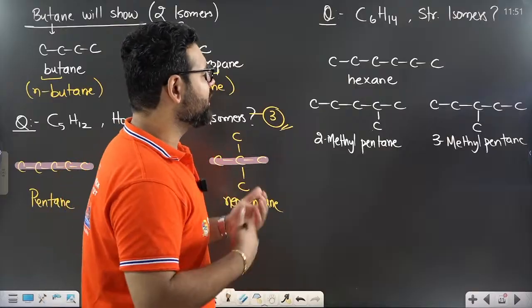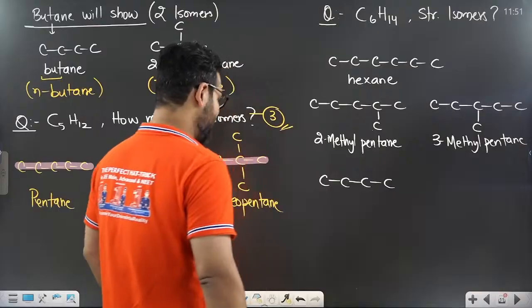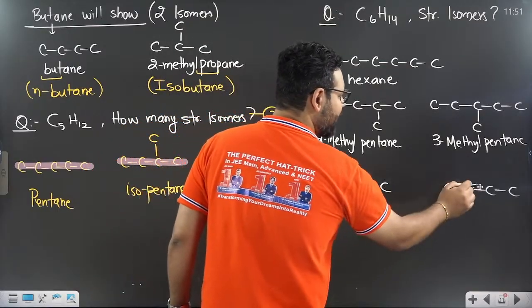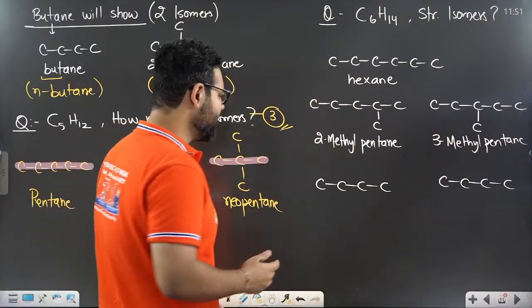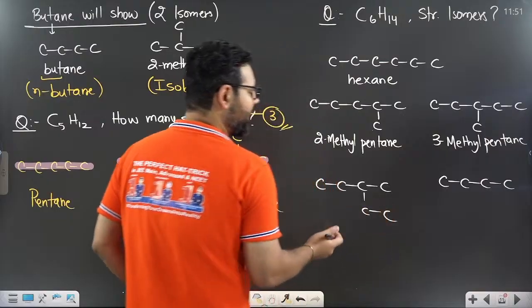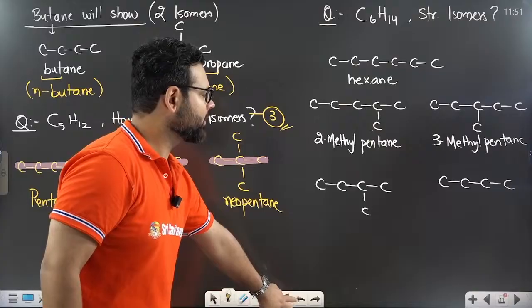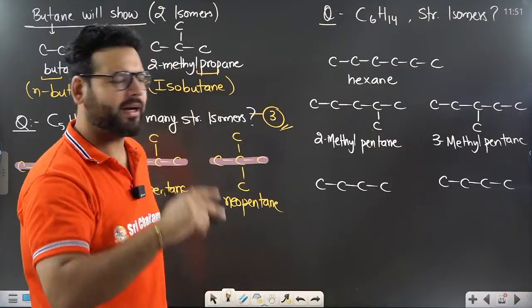Now, cut the chain to 4: butane, 1, 2, 3, 4. In a butane, first I try to keep the longest alkyl, an ethyl with 2 carbons. But I can't keep it. If I keep an ethyl here, it actually becomes pentane again, a 5-carbon chain. So I should not keep an ethyl; I should keep 2 separate methyls.